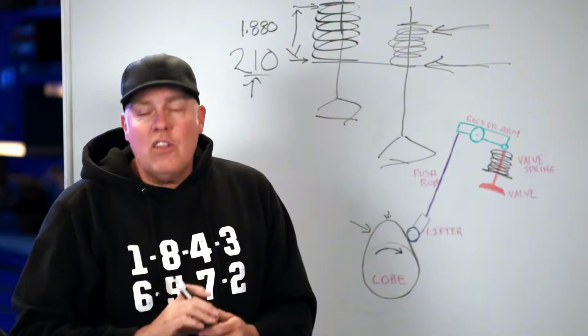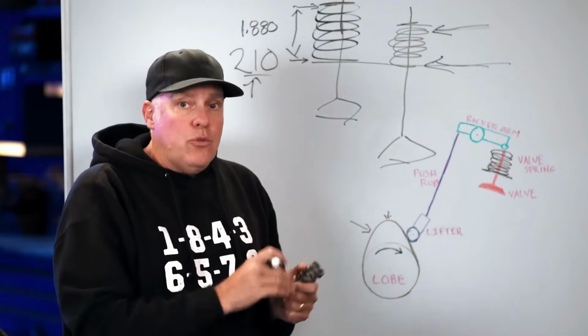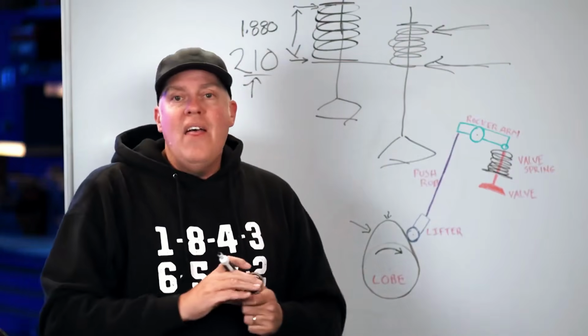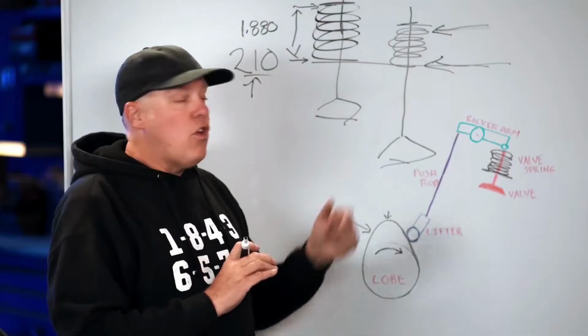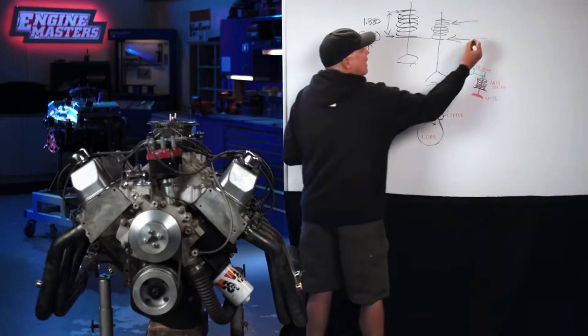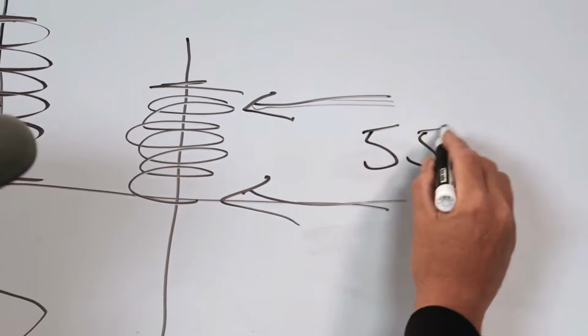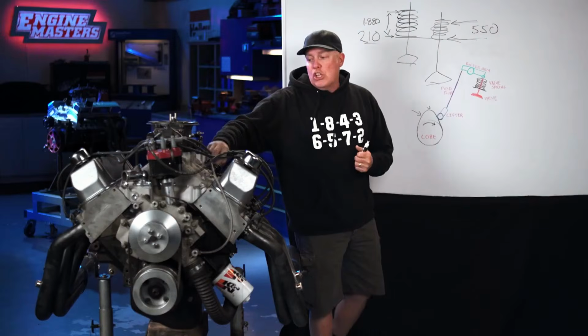Now, let's just say that it's been squished so much that the valve is at its peak lift, or what we call on the nose. That would be the maximum load that that spring is going to see, when the valve is all the way open. In the case of the first set of springs we're gonna test on this thing, it has 550 pounds.